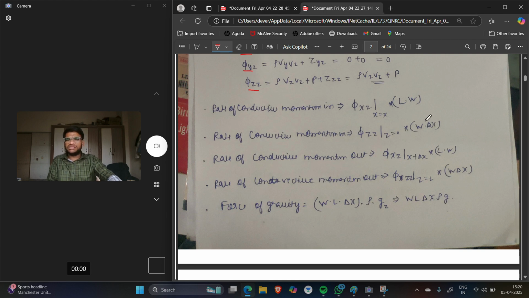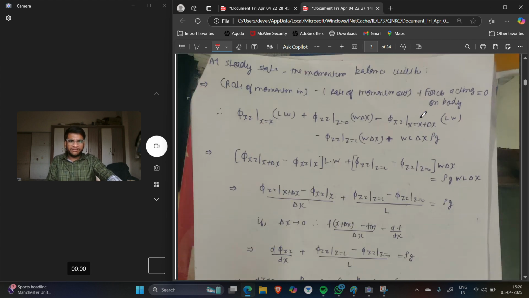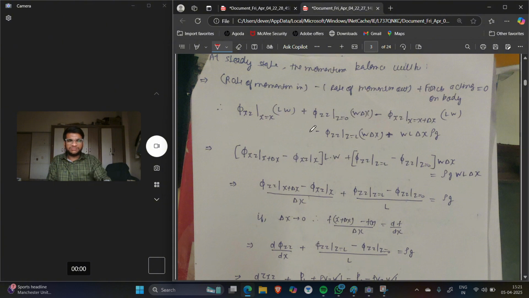Now I will put all these five terms in the shell momentum balance: conductive momentum in, convective momentum in, conductive momentum out, convective momentum out, and external forces. This equates to 0 at steady state. The coefficients of phi xz are LW, W delta x, LW, W delta x, and here it is W L delta x.